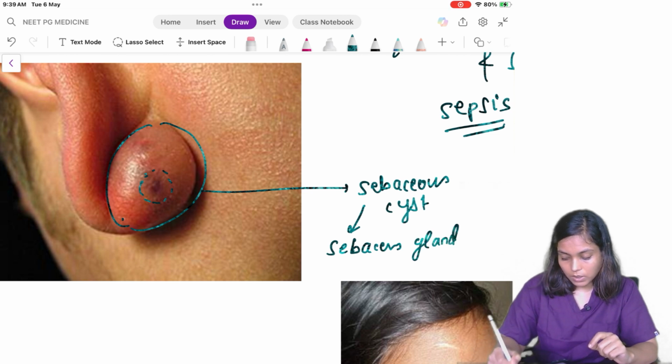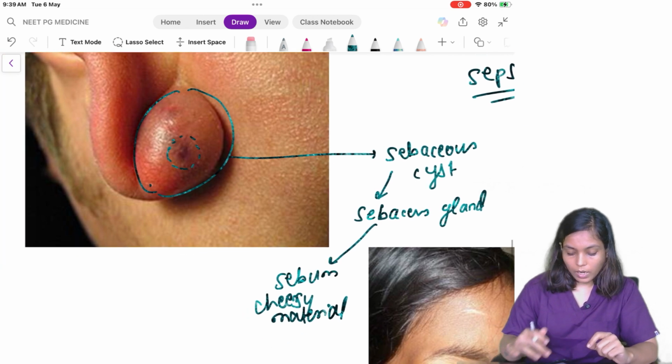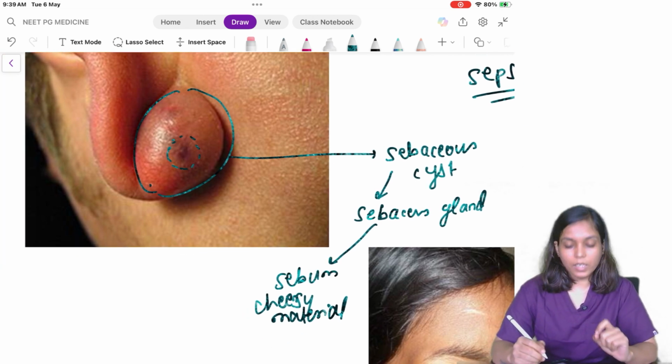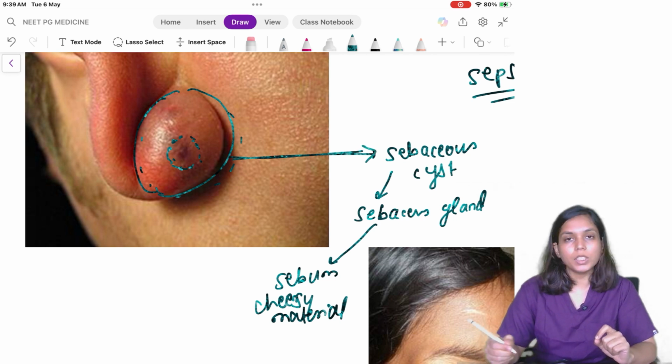And what is this secretion? It is sebum. It is a cheesy material. And yes, it has a hallmark of punctum. So if you get any swelling with a punctum at the center, then it is a sebaceous cyst.